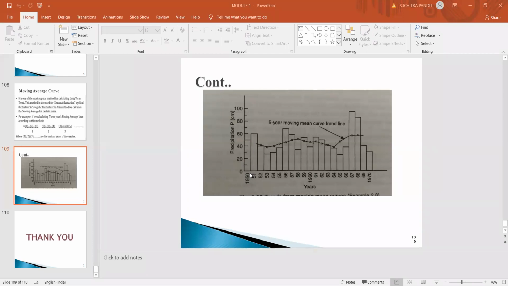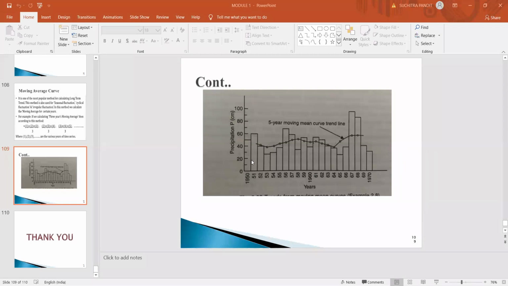Or else you can calculate the group averages for 5 years, 1, 2, 3, 4, 5. Let us take the values of these 5 years and calculate the average, and this average value is marked at the mid of the group, that is the 3rd year.